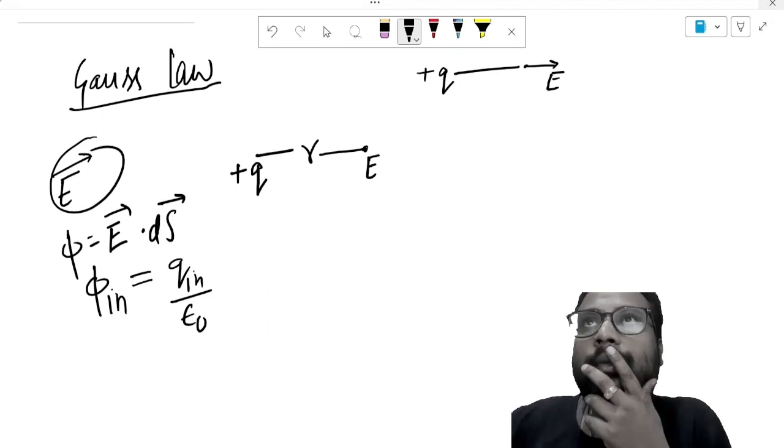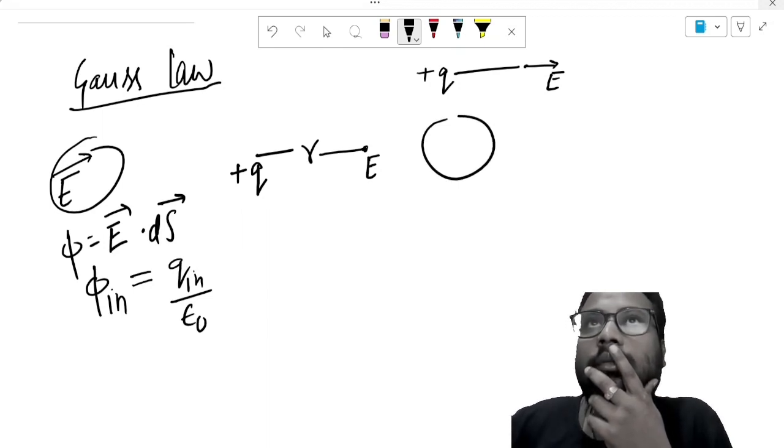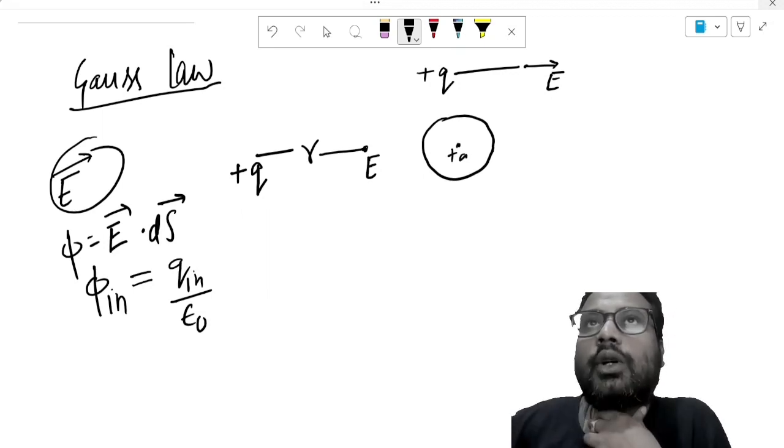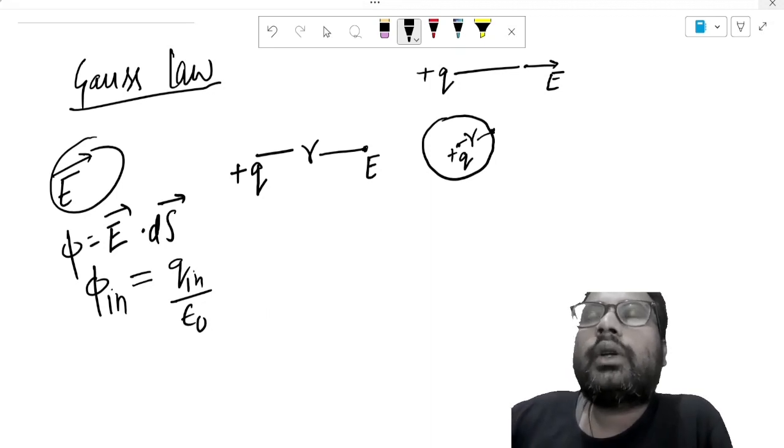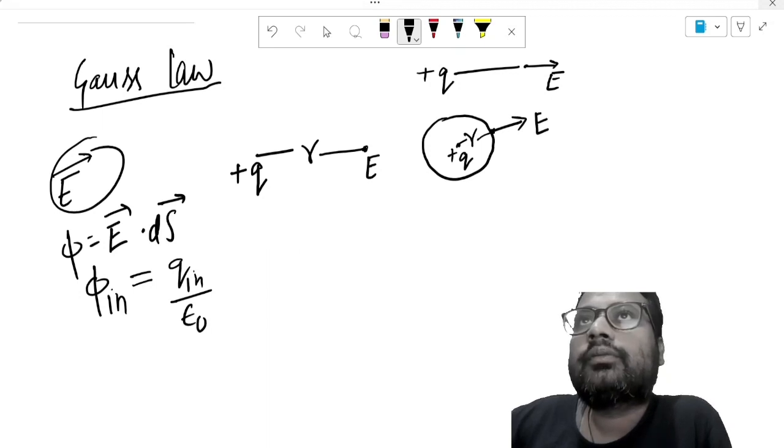So let us make some circle, and let us say we have plus q charge here, and at distance r we want to calculate the electric field. So plus q will create an electric field along this direction, and keep in mind this surface is a closed surface.